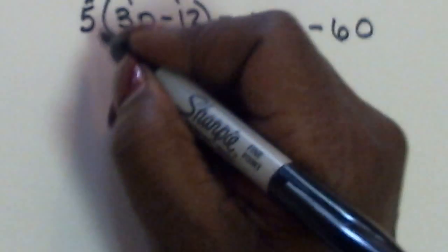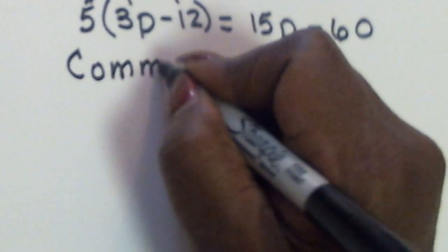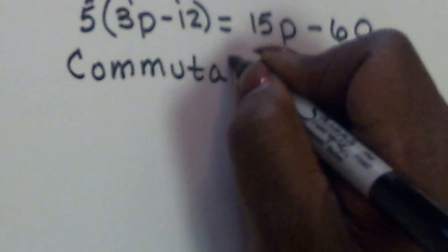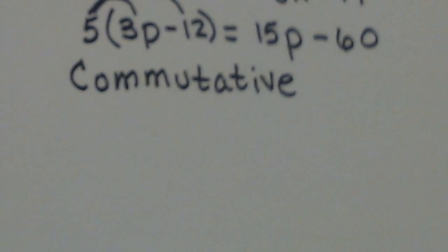The next property is the commutative property. The commutative property says to get up and move to a new location, switch places.